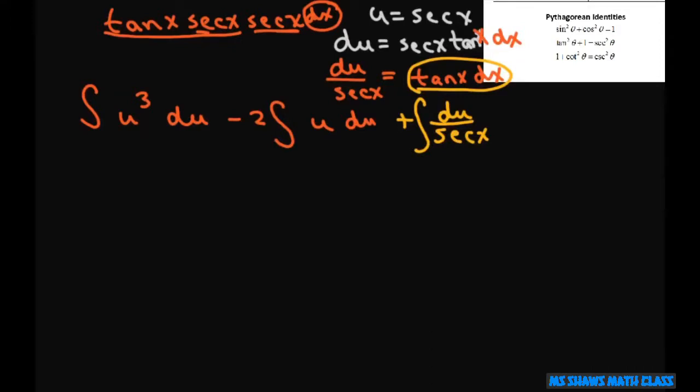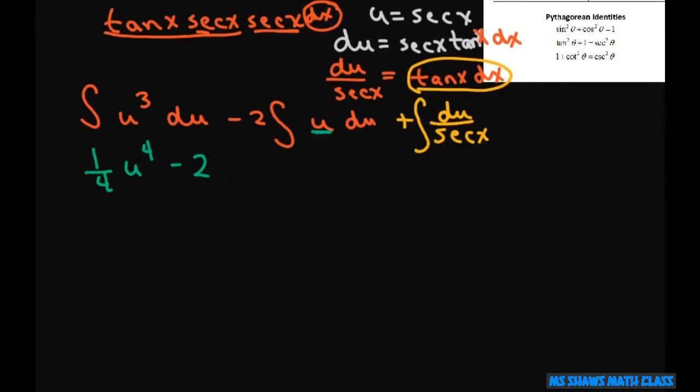So now we can evaluate this and do our antiderivative. So this is going to be 1/4 u to the 4th minus 2, and u is going to be secant. Well, let's just put the u in for now.